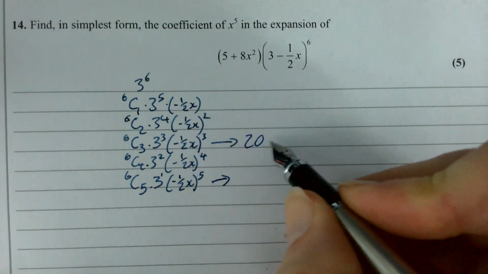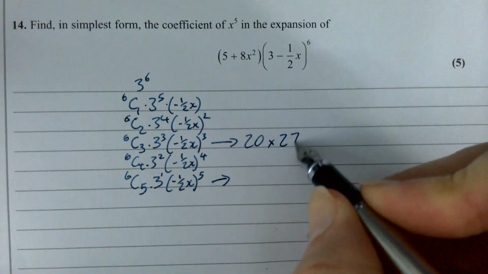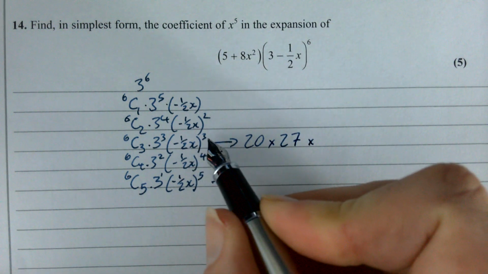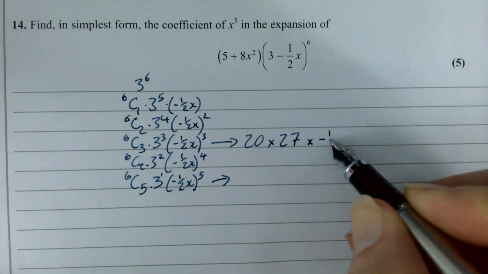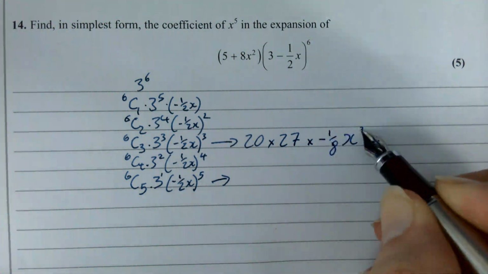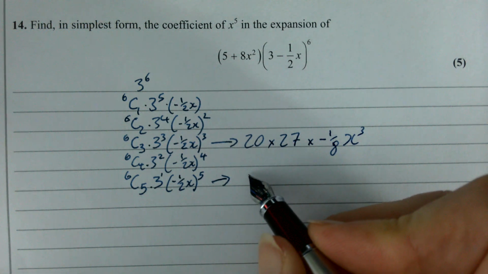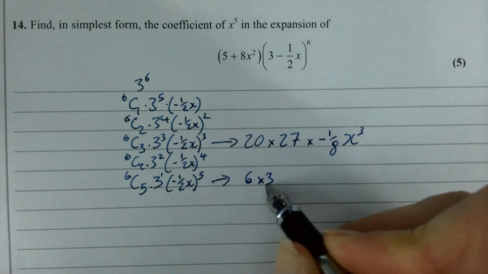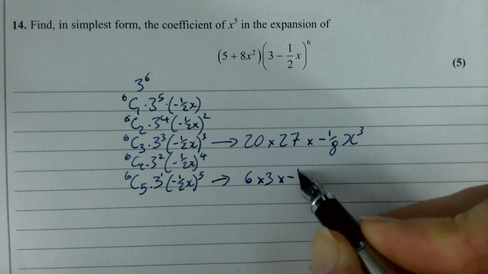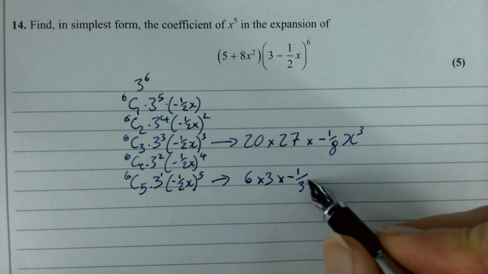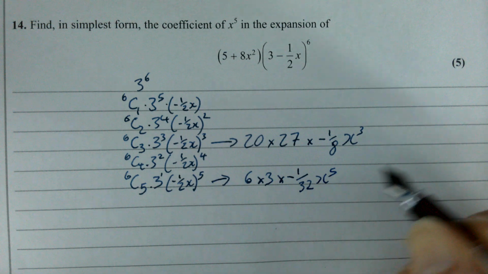So that's going to give me 20 times 3 cubed is 27 times negative a half cubed is negative 1/8 x cubed. And down here we will have 6 choose 5 was 6 times 3 times negative 1 over 2 to the power 5 is 32, so 1 over 32 x to the power 5.